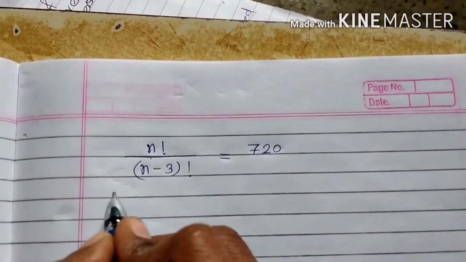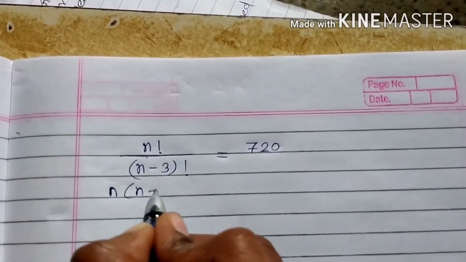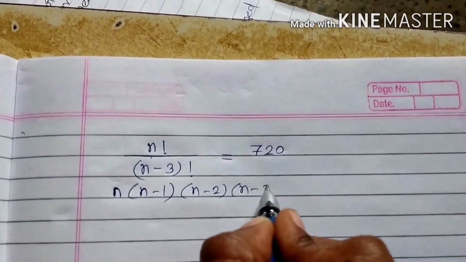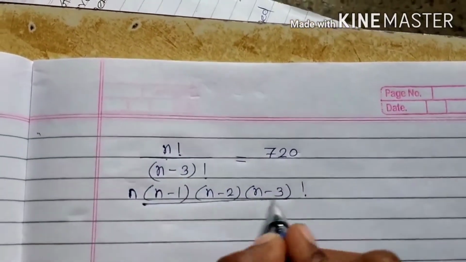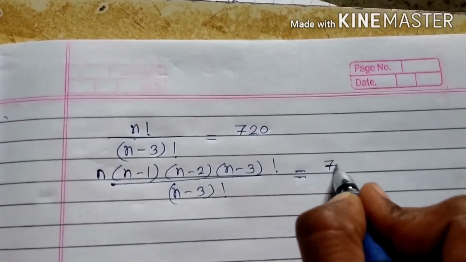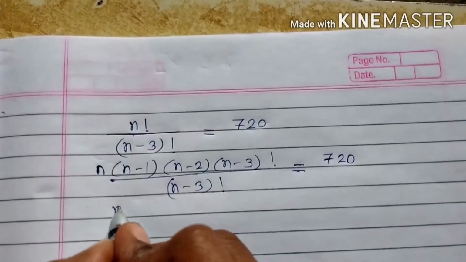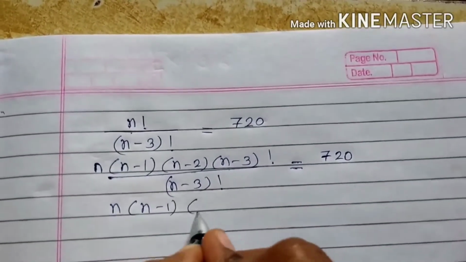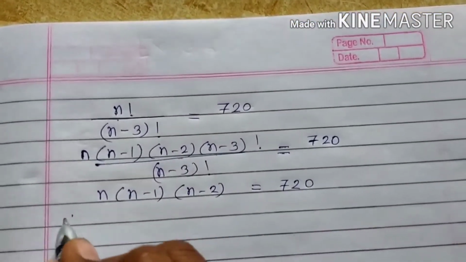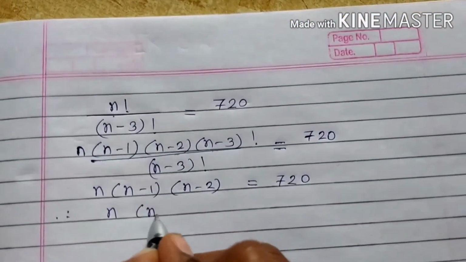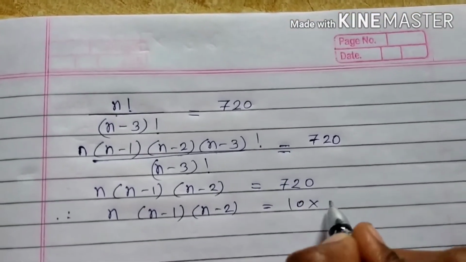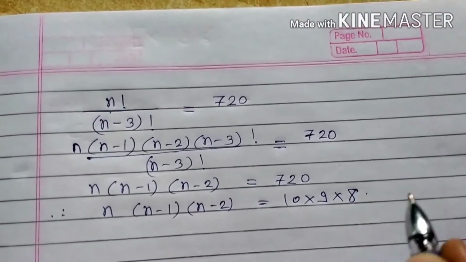So n factorial can be split as n, n minus 1, n minus 2, (n minus 3) factorial upon (n minus 3) factorial, which is equal to 720. So this is n into (n minus 1) into (n minus 2), which is equal to 720. So therefore it is equal to 10 into 9 into 8.